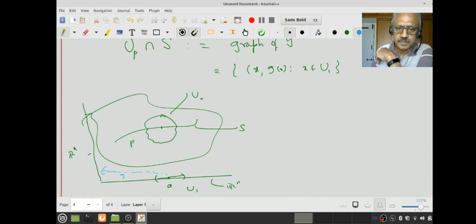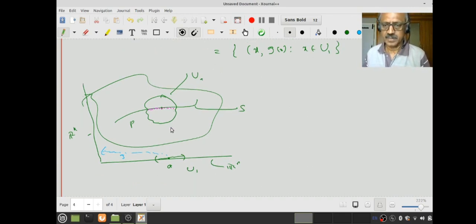That is my G. If I take the graph, it is going to be this portion. This is what we have been seeing since the last lecture.